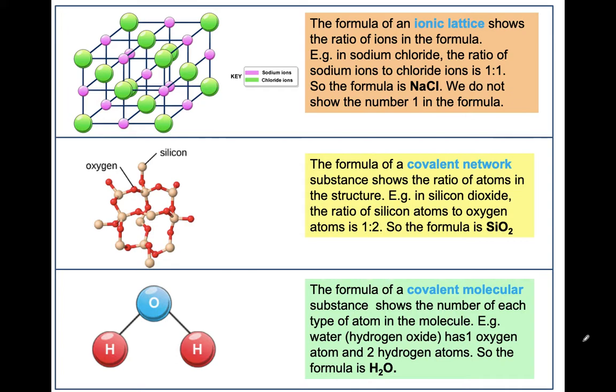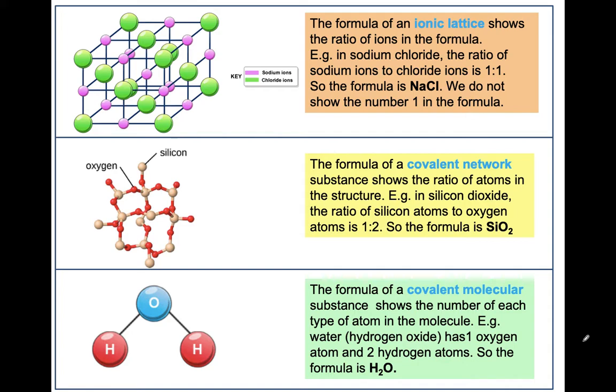And that tells us that in a network of silicon dioxide, for every 1 silicon atom, you will have 2 oxygen atoms. So for our ionic compounds and our covalent network compounds, the formula is the ratio of ions or atoms in the structure.